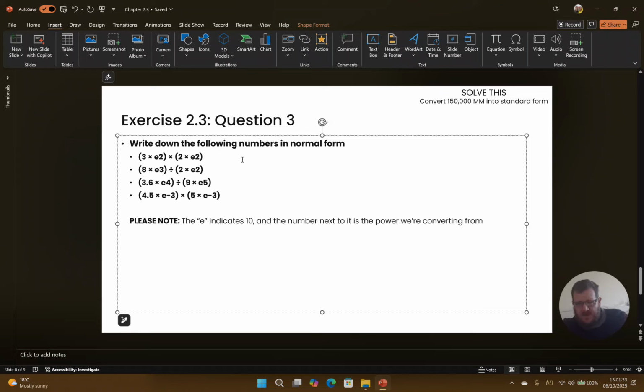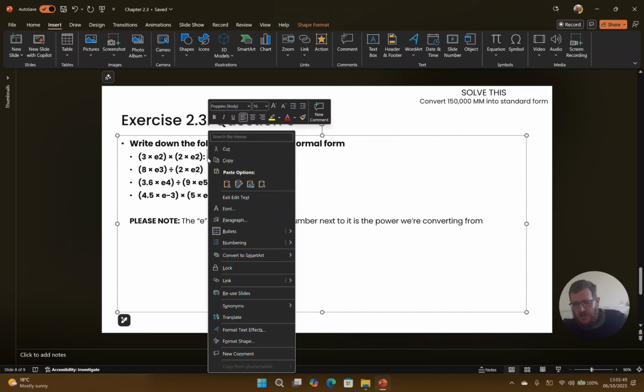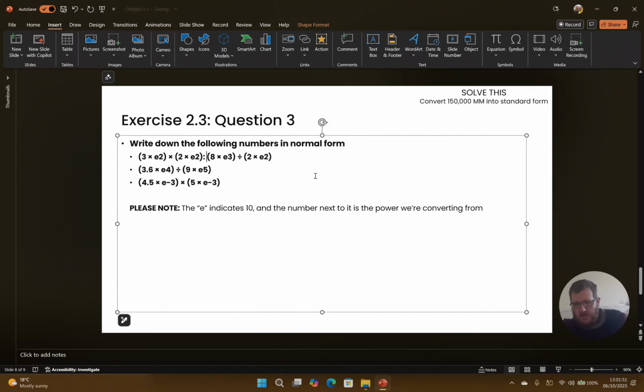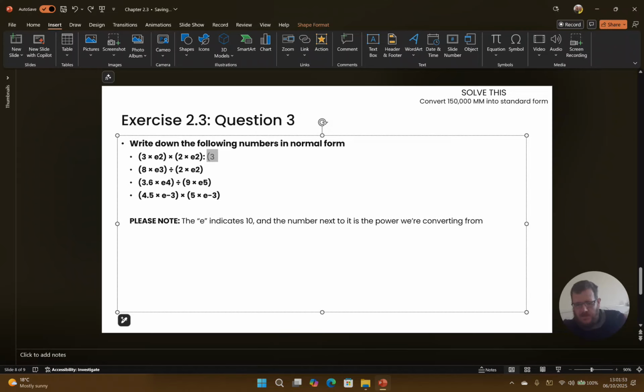This one's going to be an interesting one. So we want then 3 times 2. So you do 3 times 2, which is 6.